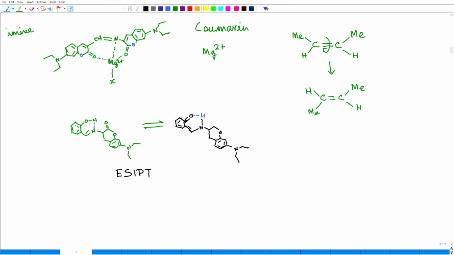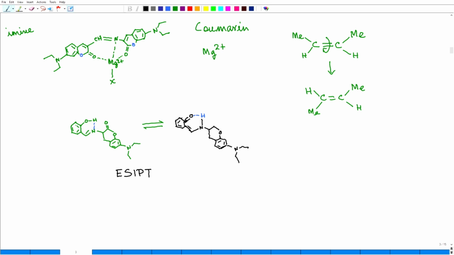So, whenever there is an ESIPT mechanism, that means there will be hydrogen transfer from oxygen to nitrogen, and then from enol it becomes keto. All these things require energy. So, that means when I excite this coumarin, it gets deactivated.